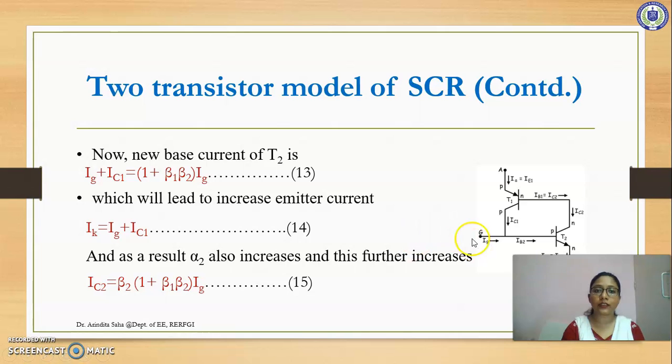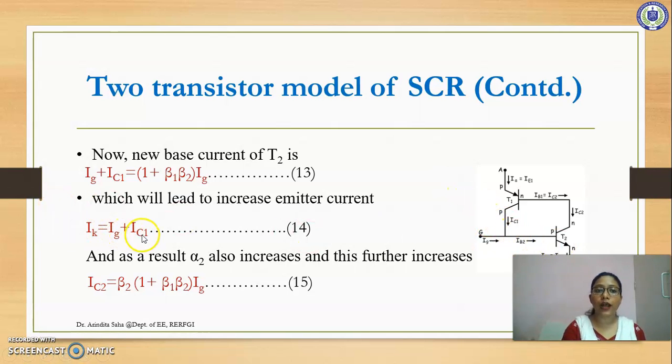Now if we consider the new base current of T2, which is equal to IG plus IC1, where IC1 is equal to beta 1 into beta 2 into IG, we know from the previous equations. So IG plus IC1 becomes (1 plus beta 1 beta 2) whole into IG, which will lead to an increase in the emitter current.